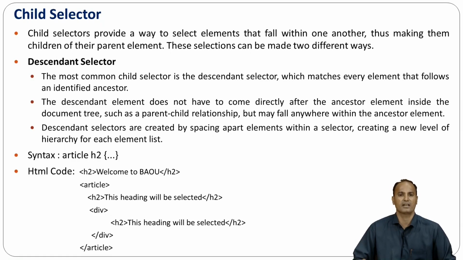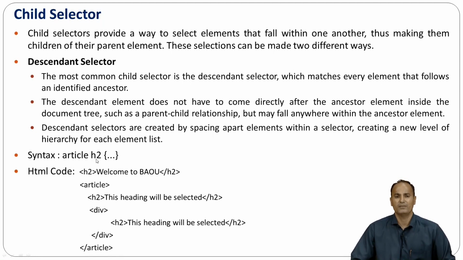Descendant selectors are created by spacing apart elements within a selector, creating a new level of hierarchy for each element listed. So how do we write descendant selectors? See, here the syntax is given: article space h2, and then the CSS effect we provide in curly braces. So what does it mean?